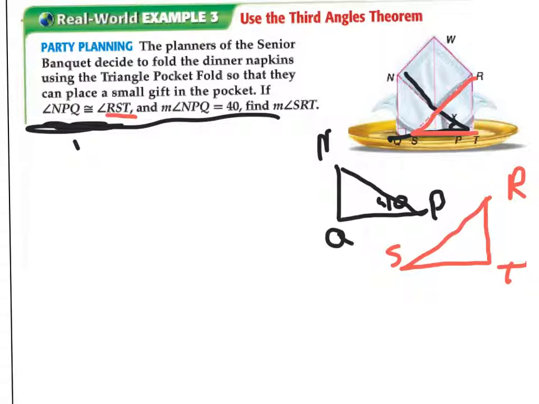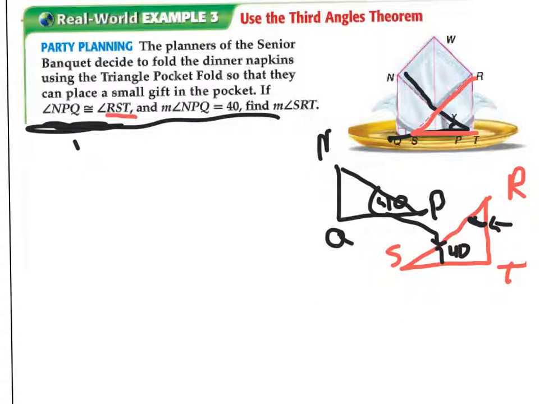So SRT is this one. I wonder if that's the same as this one. I don't think it is, because they said NPQ is the same as RST, this one. So if that was 40, so is that one. I wonder then how I can figure out what this one is.